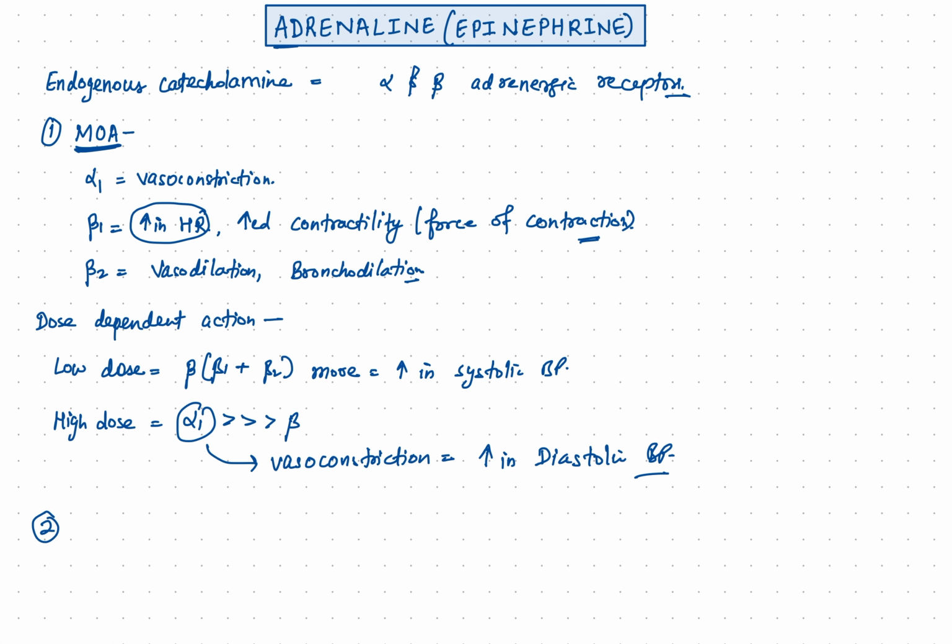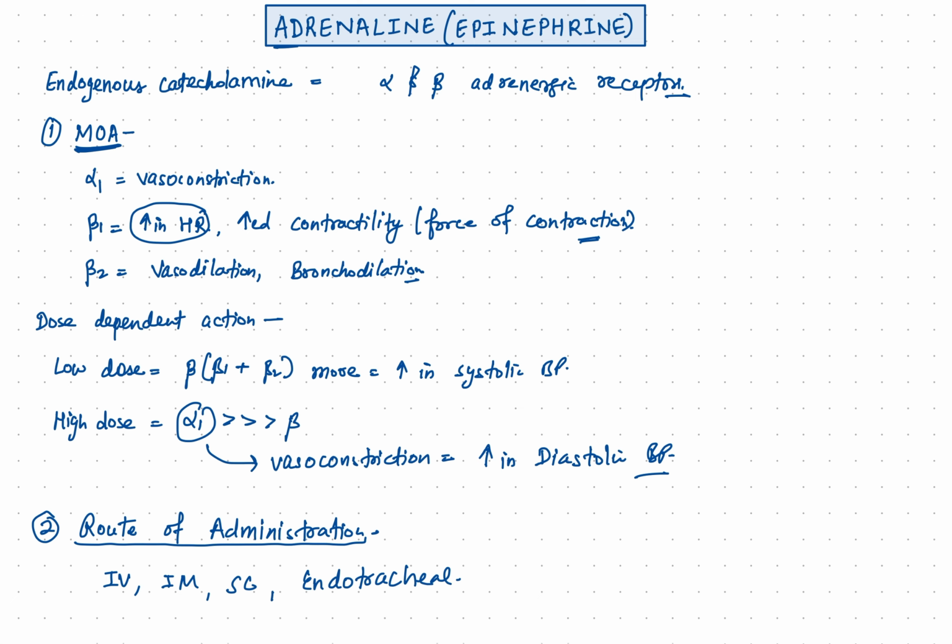Now, second point to be discussed is route of administration. It can be given IV, IM, subcutaneous, or endotracheal. We have to remember the routes very importantly because in different emergency conditions, different routes are used for the administration of adrenaline.